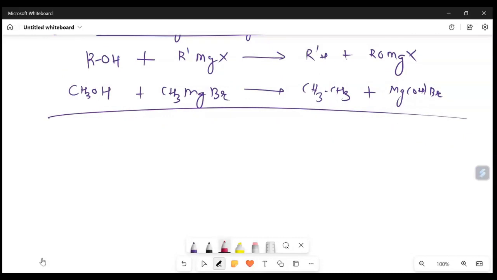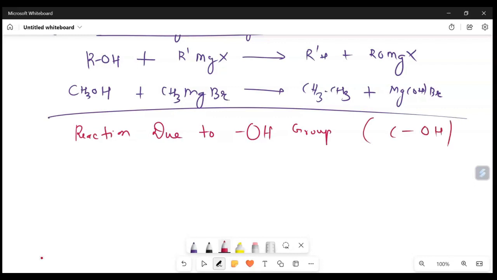The next reaction we are going to discuss is a very important point. Remember, reaction due to the OH group. It means cleavage of the C-OH bond.